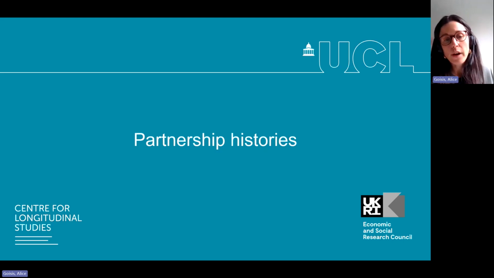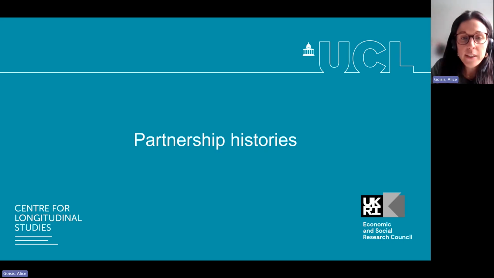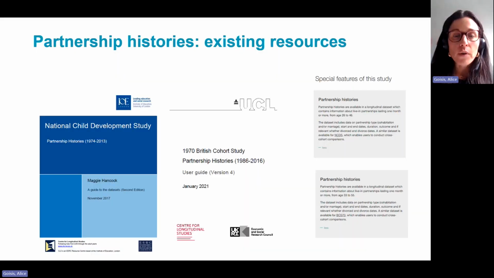So first, I will talk about the partnership histories. We already have some existing resources. Partnership histories have been derived for the 1958 cohort and for the 1970 cohort. These are available on UKDS, so they are available for you to download and use.